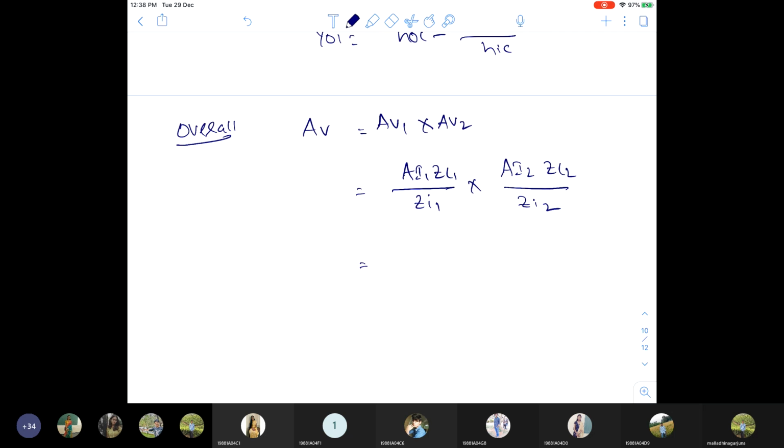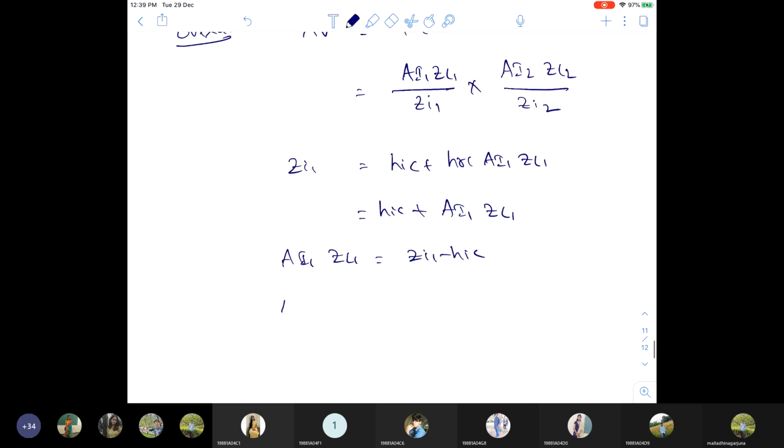Okay. So we know that ZI1 equal to HIC plus HRC AI1 into ZL1. So HIC plus HRC is anyway 1. So from this AI1 into ZL1 is equal to ZI1 minus HIC. Similarly, AI2 into ZL2 equal to ZI2 minus HIC.